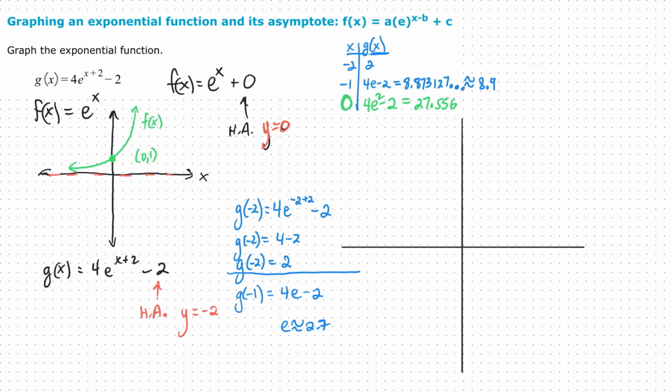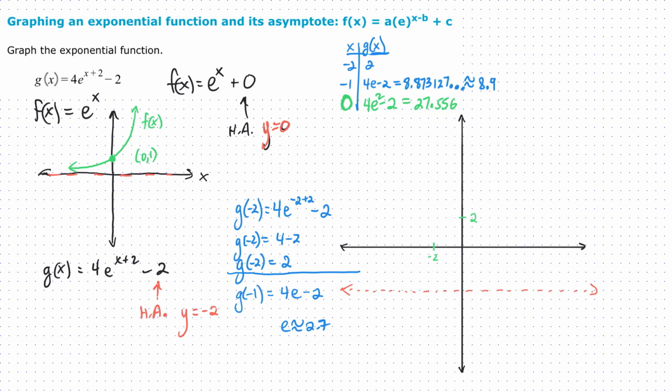Let me put the ruler somewhere so that it's not in my way. Negative 2, 2. So here's negative 2, and here's 2. But the first thing I want to do is actually graph the horizontal asymptote, because that's going to help. It's always nice to put your boundaries in place, because if you put your boundaries in place, you know that the exponential function is going to approach that horizontal asymptote.